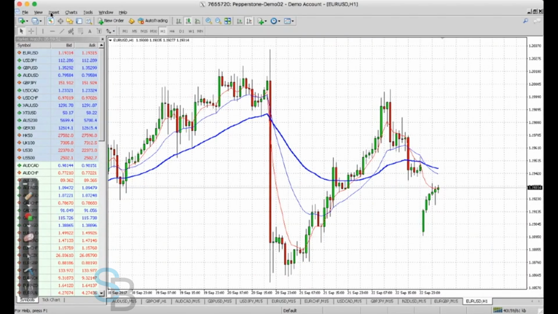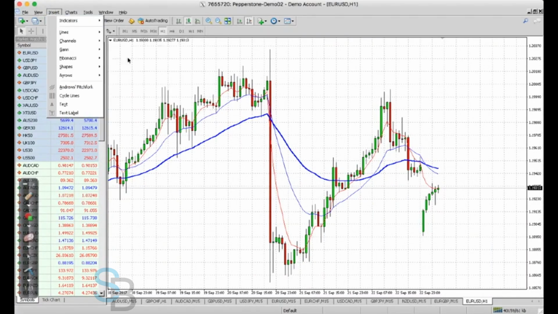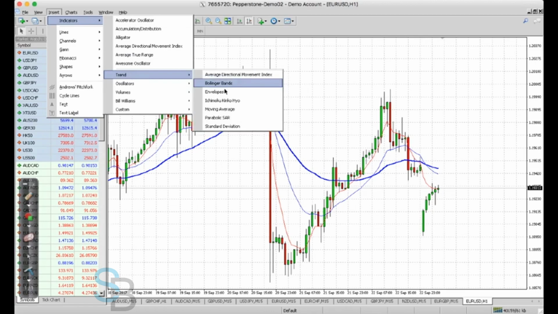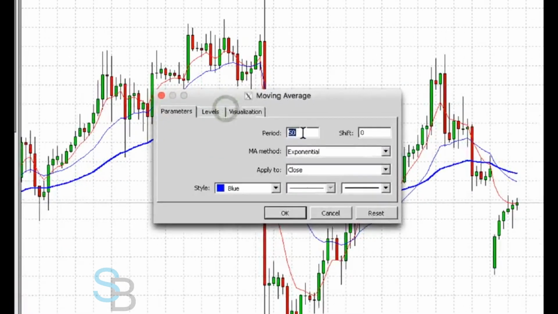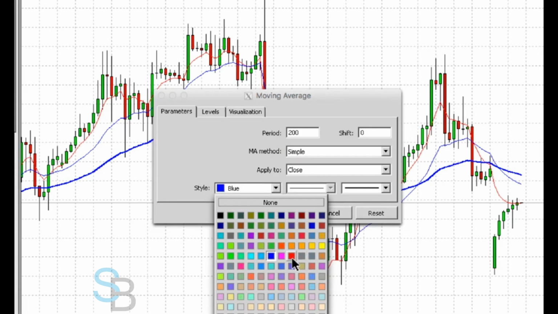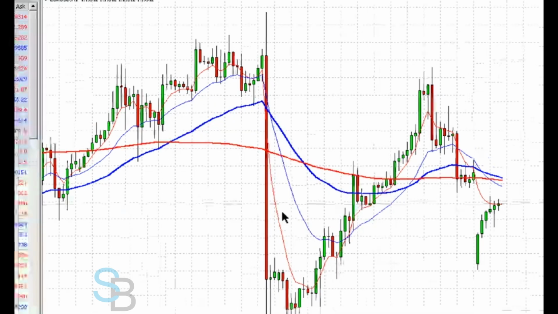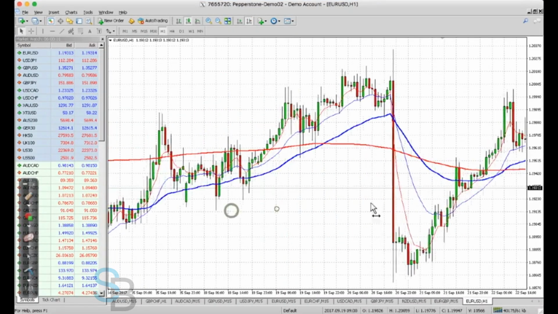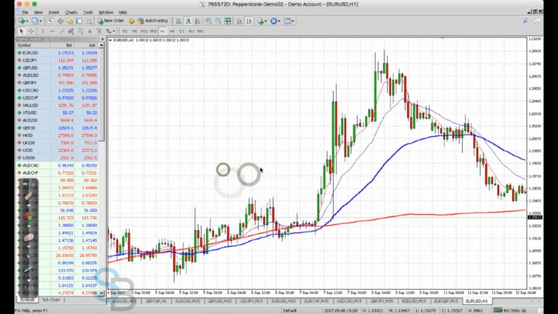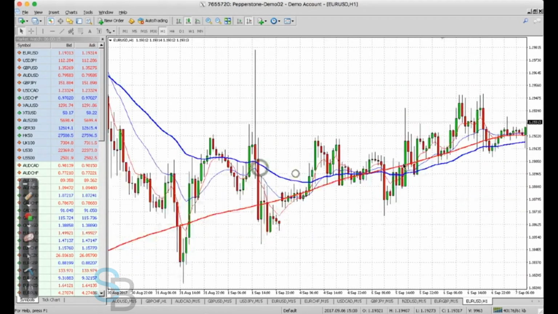And finally, indicator, trend, moving average, 200. Now for this one, I'm going to use a simple moving average. Simple. Red. Okay, there we go. So you can scroll back and again looking for that setup.